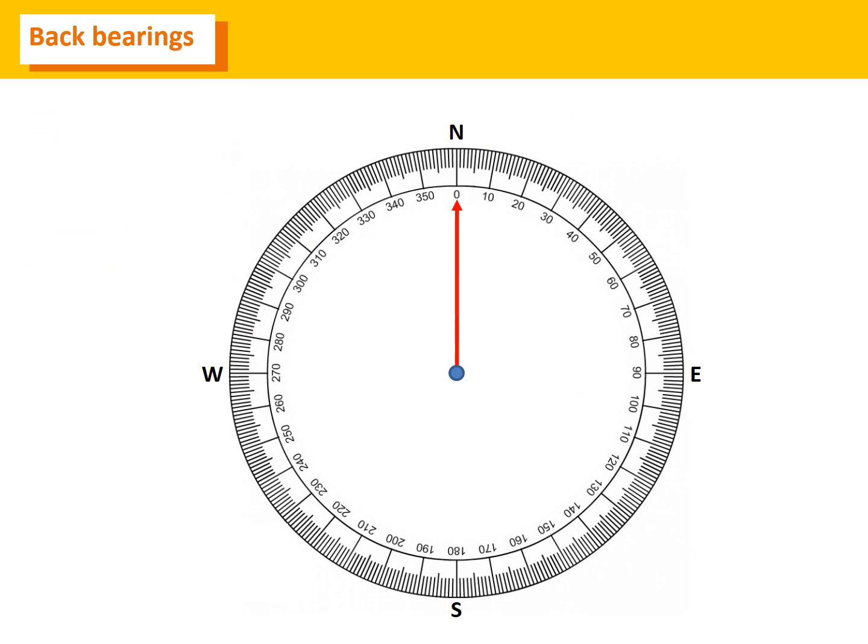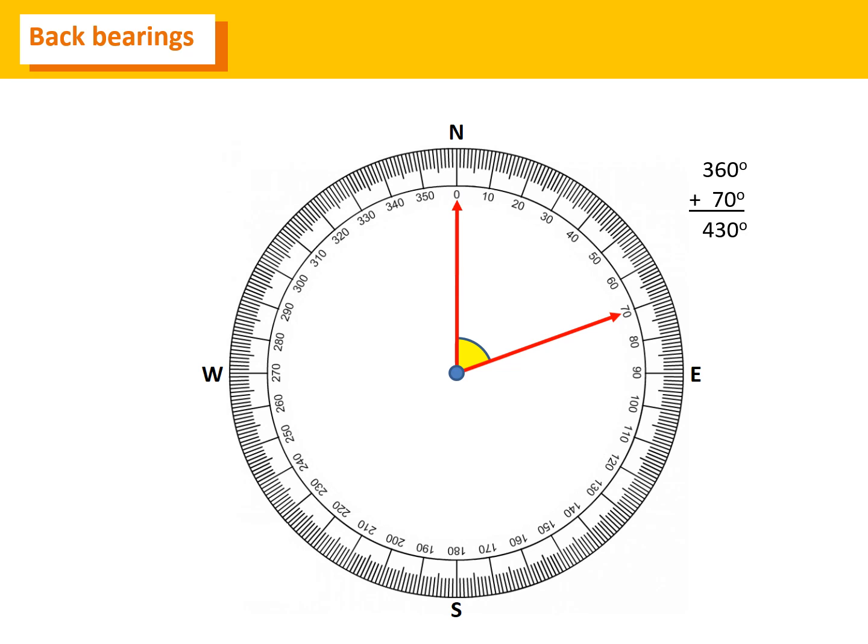If we look at our bearing measurer and we look at what 430 degrees looks like, round once is 360 degrees, add another 70 degrees, that would be 430 degrees. Therefore, a bearing of 430 degrees is actually the same as a bearing of 70 degrees.